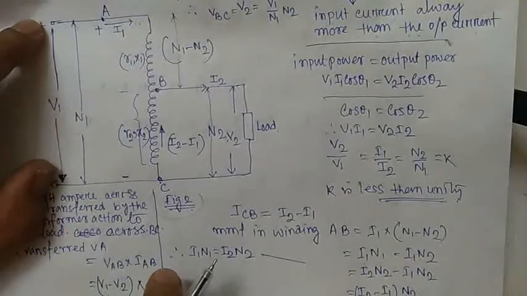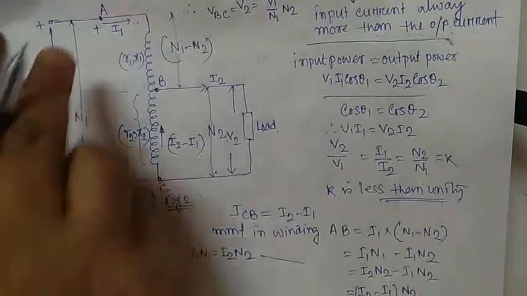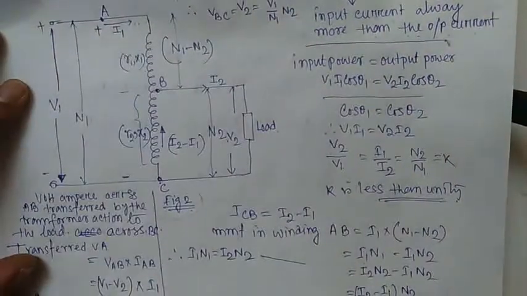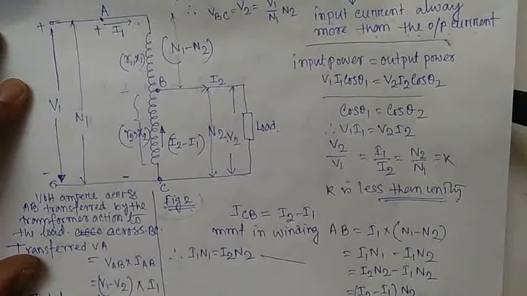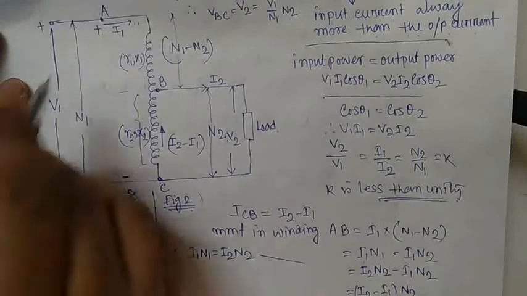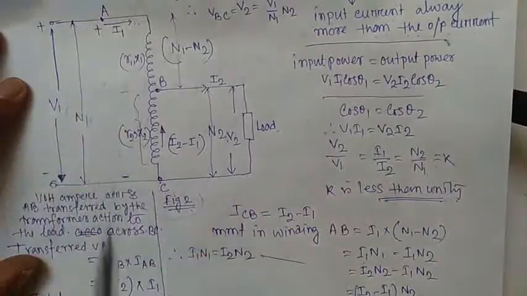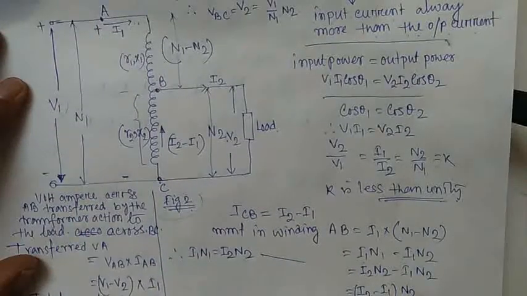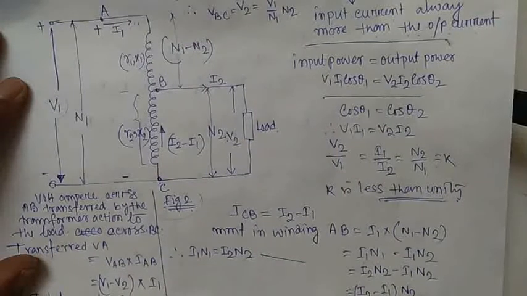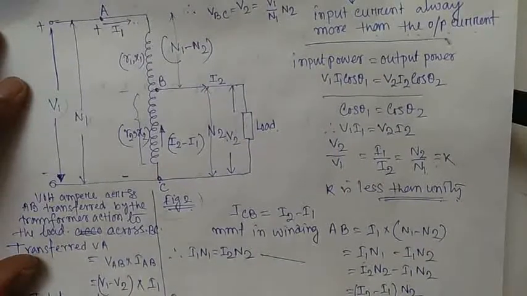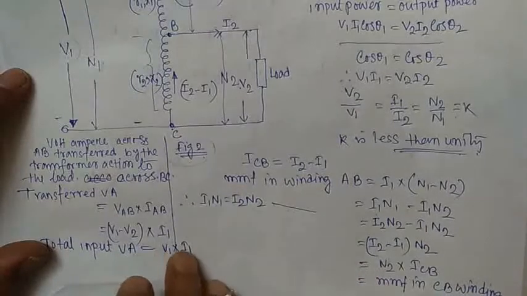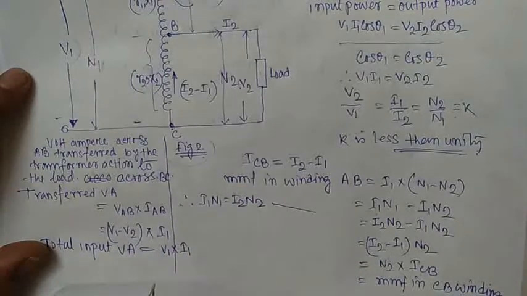Okay. Now the total input VA is nothing but total voltage input into total current, that is V1 into I1.